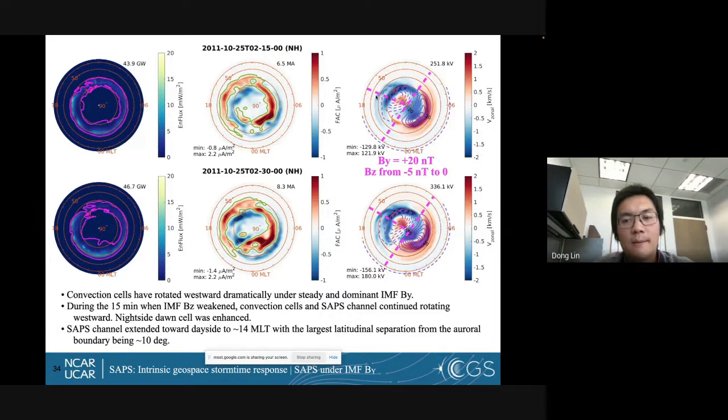And the gap between the channel and the major aurora return flow is also very large. Here it's as much as 10 degrees. Because the DMSP satellite has an orbit period of about 100 minutes, we don't have a contemporary observation in the southern hemisphere.